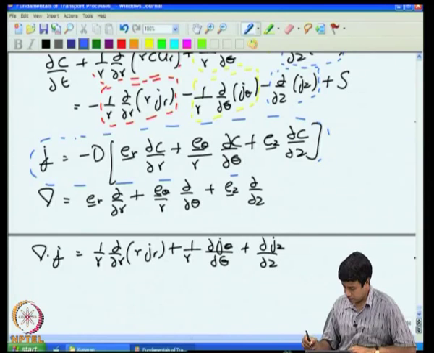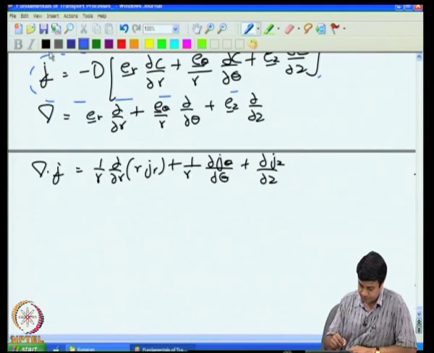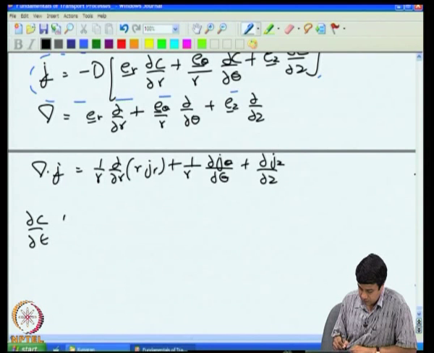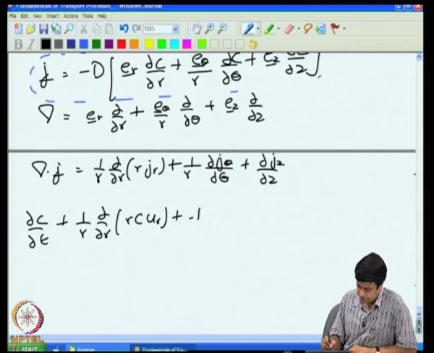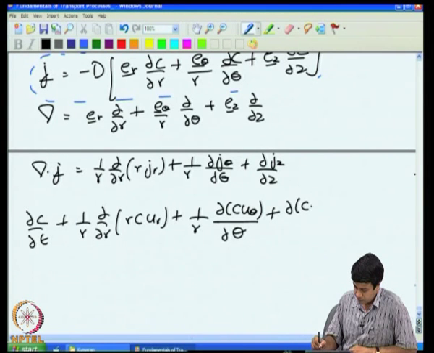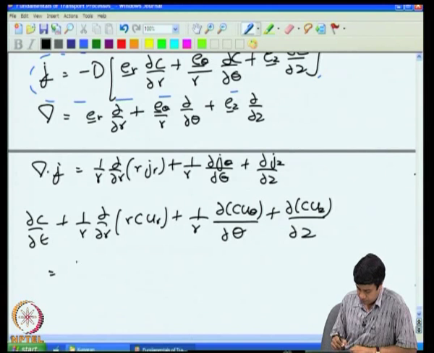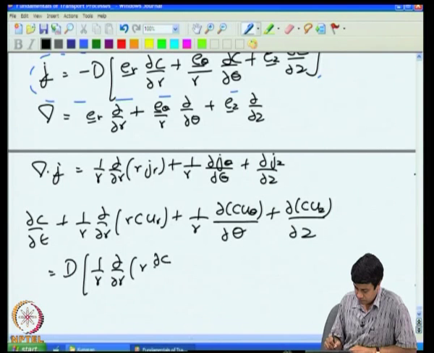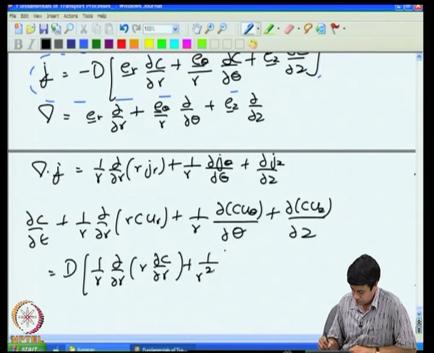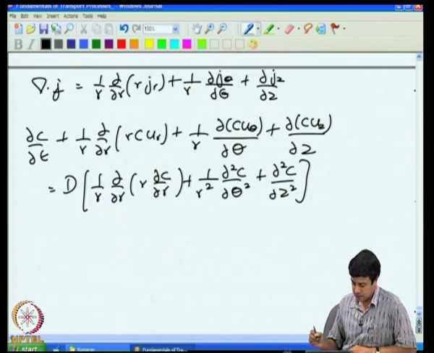into the conservation equation, then I get an equation of the form partial c by partial t plus... So, that is the equation that I will get for the conservation equation.